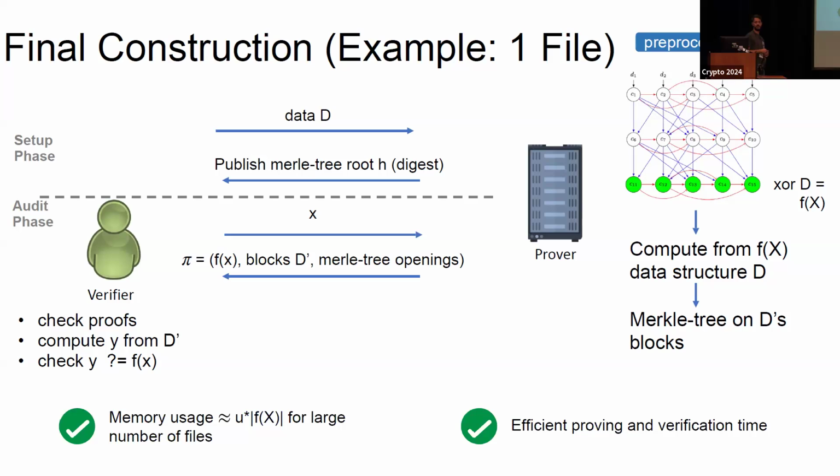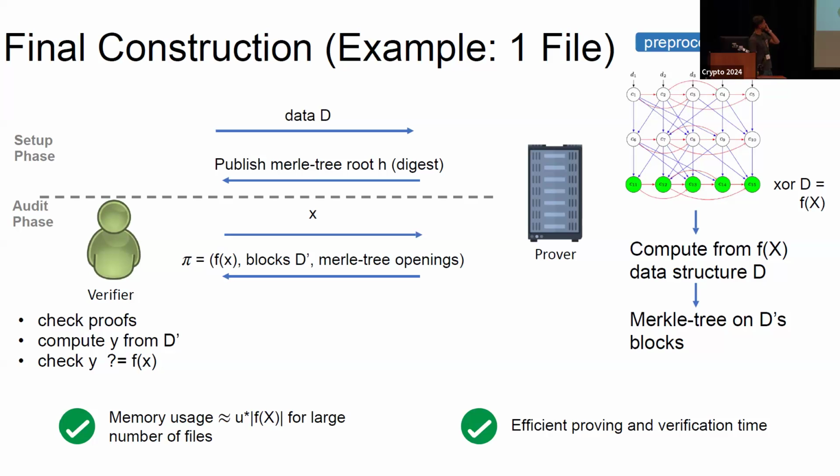At the core of this construction we use polynomial evaluation, so you get this bound u times the size of the polynomial, which is also the size of the original data, and that scales well with the number of files. We also get proving and verification time that is sublinear, in particular polylogarithmic in the size of the file.